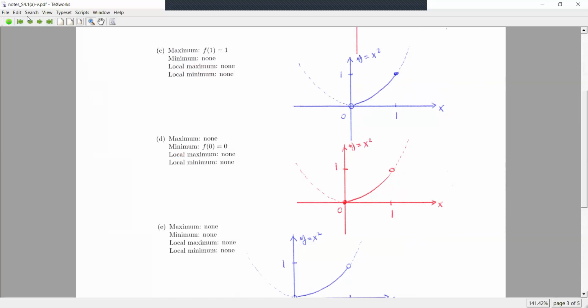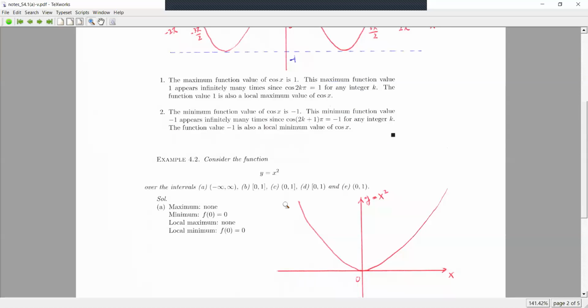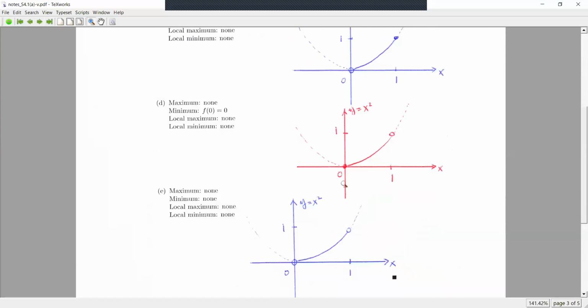Part D. Consider the function over this interval, now this time, including 0 but excluding 1. Including 0, so solid point here, excluding 1, open point here.